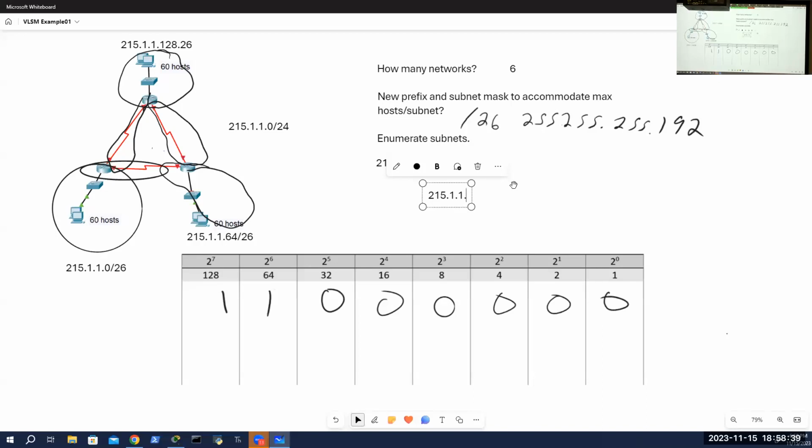And so if we add a bit, we're now at /27, so we're here. So from 192, our next one will be 224. Okay, so we've got that.